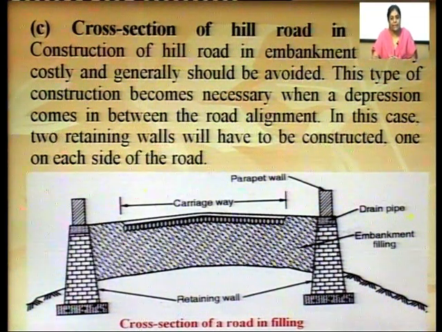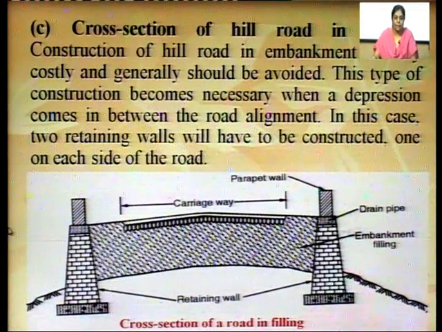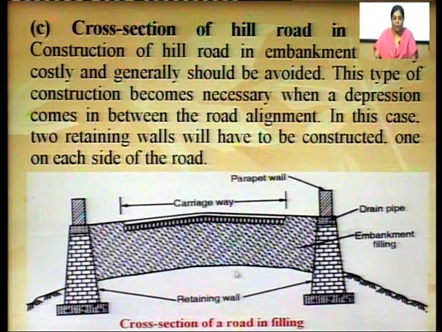So, next is cross section of hill roads in filling. You can see here that this is the natural surface of the hill here. Look at the arrow, and this is the natural surface of the hill here.